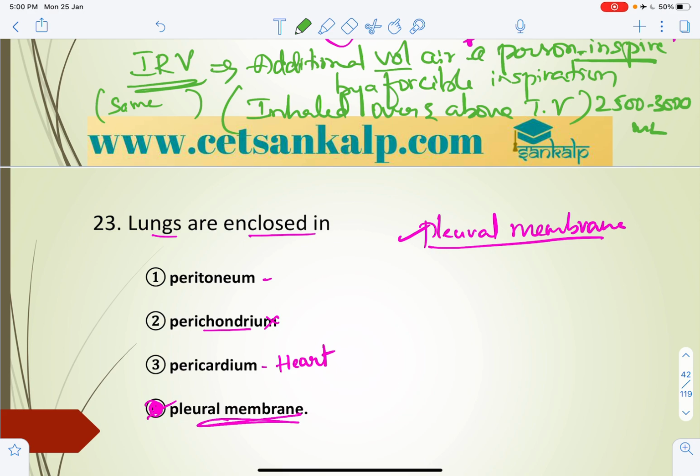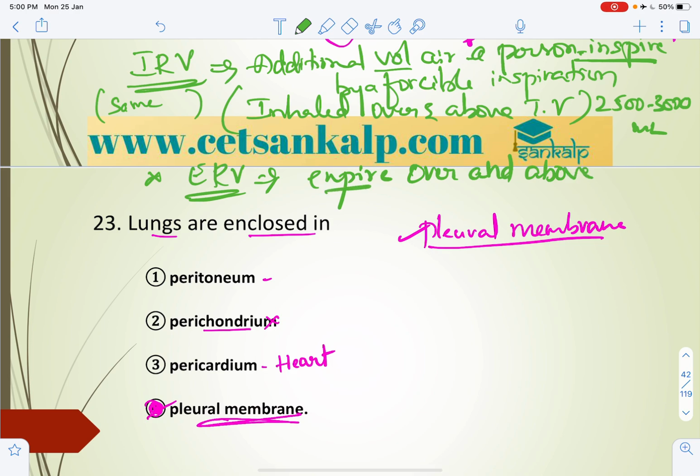Same like that, the expiratory reserve volume. What is the expiratory reserve volume? It is the additional volume of air a person can expire forcibly, over and above the normal expiration. This is very important.